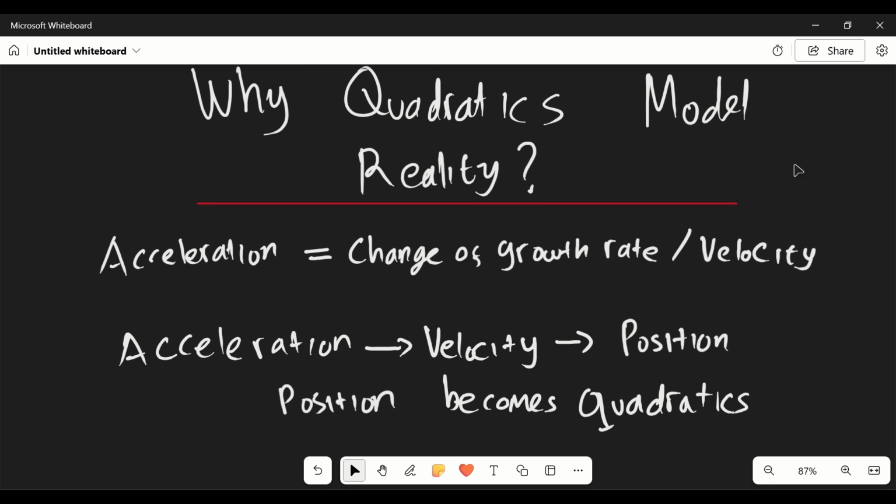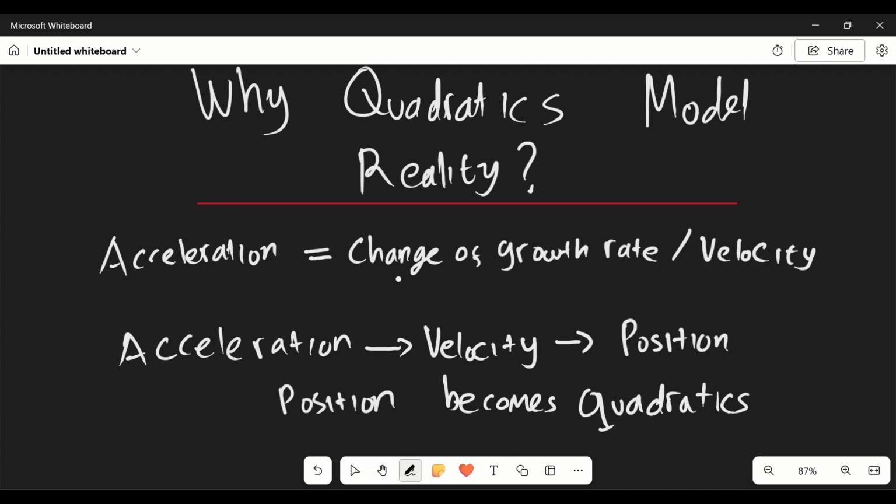Why do quadratics model reality? Quadratics appear everywhere because many natural processes involve accumulated change. For example, area growth, energy relationships, optimization problems, and more importantly, motion with constant acceleration.